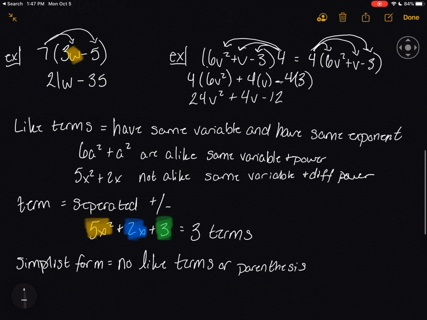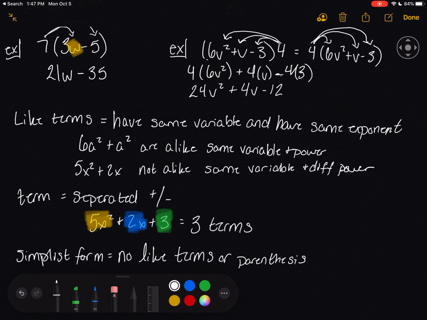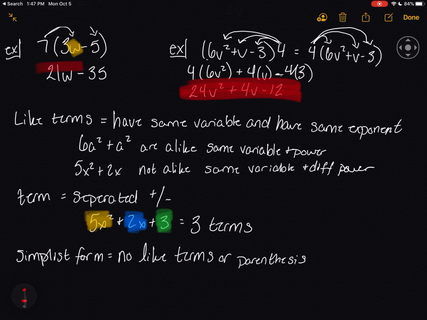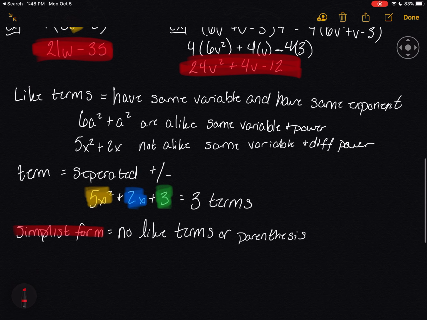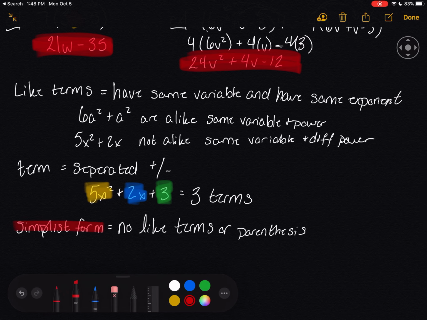So for an example, the simplest form in our examples earlier were, let me pull out a highlighter, these red answers. And it's because there's no like terms, we can't simplify it anymore. We're without any parentheses. So we were good to go there. So that is considered what simplest form is.